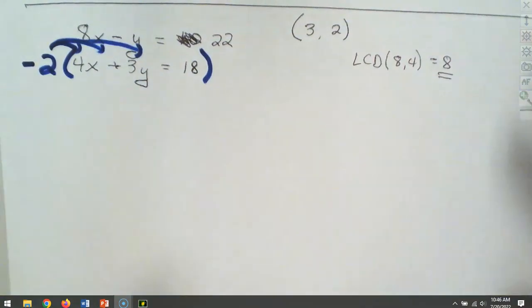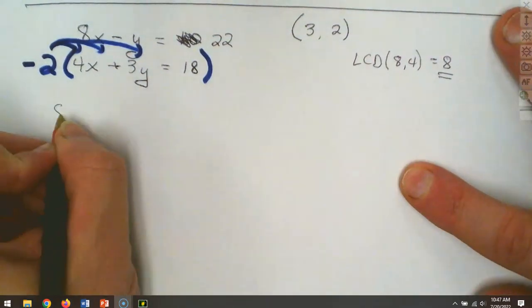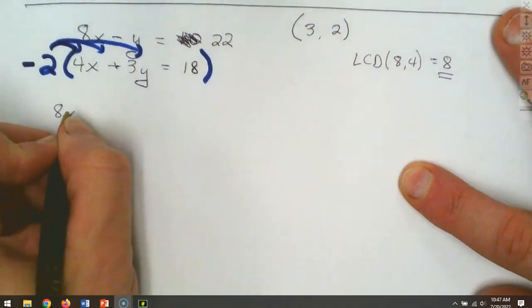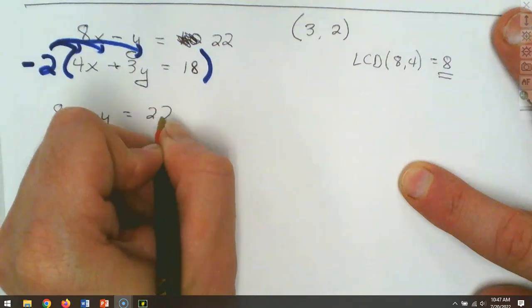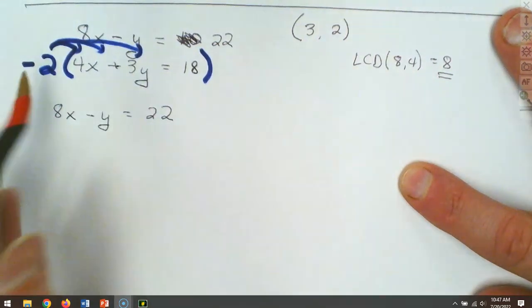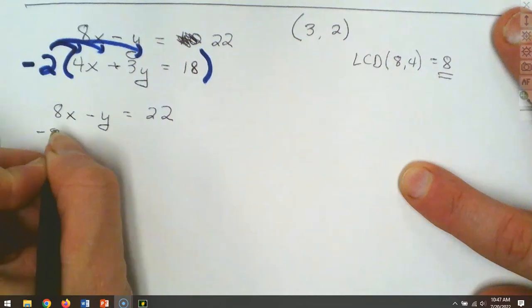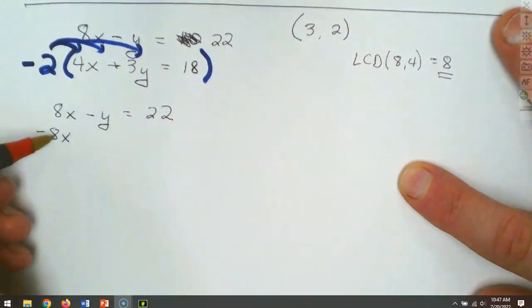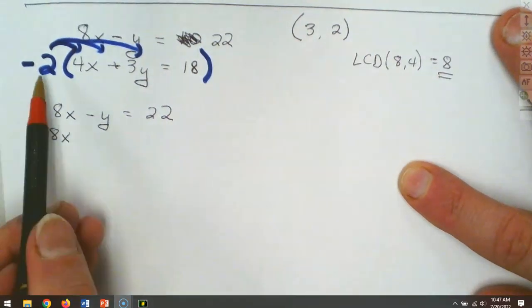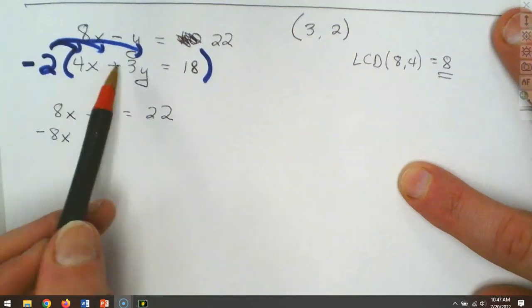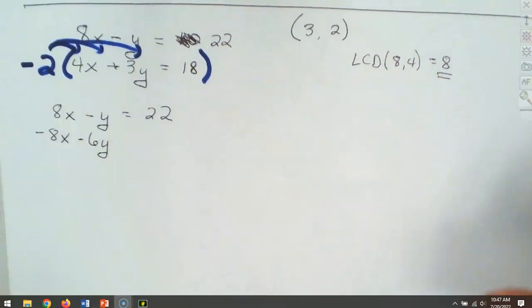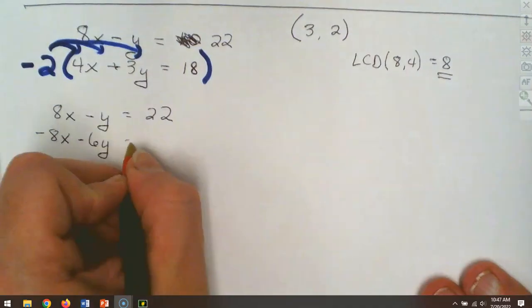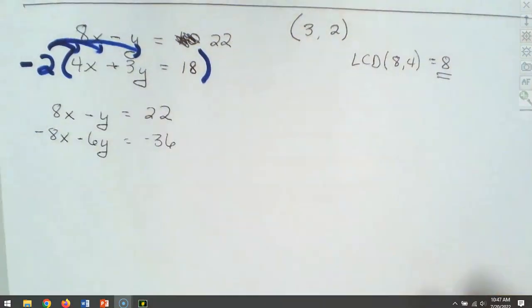If I distribute that negative 2 through, the first equation stays the same as 8x minus y equals 22. And that's what we want. If I distribute through down below, I get a negative 8x. That's going to work out nicely for us, because those cancel. And a minus 2 times 3, that makes it a minus 6y. And minus 2 times 18, that makes it a negative 36.